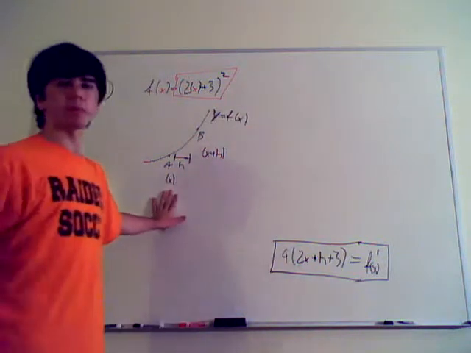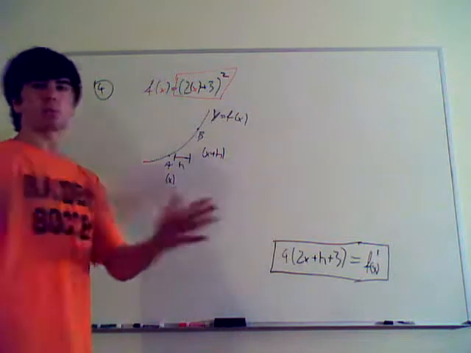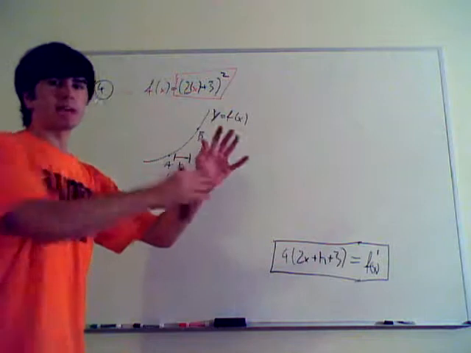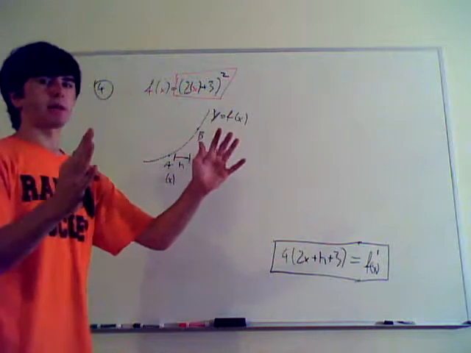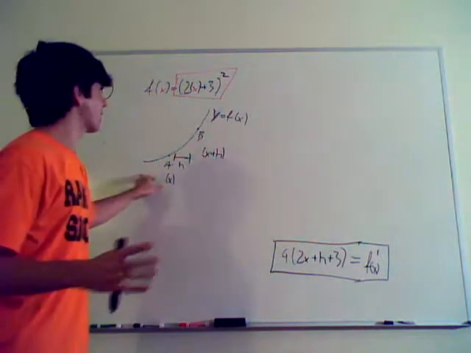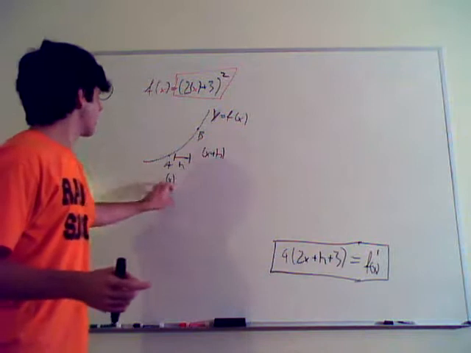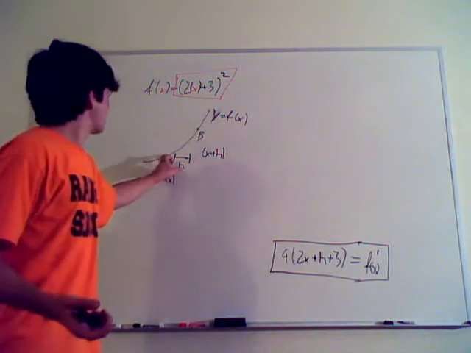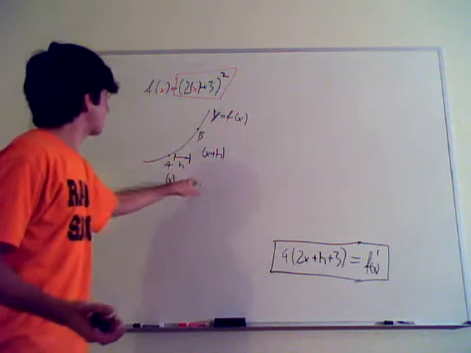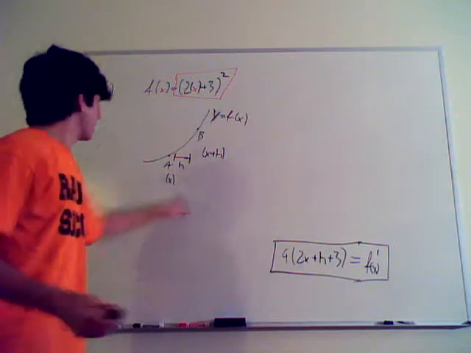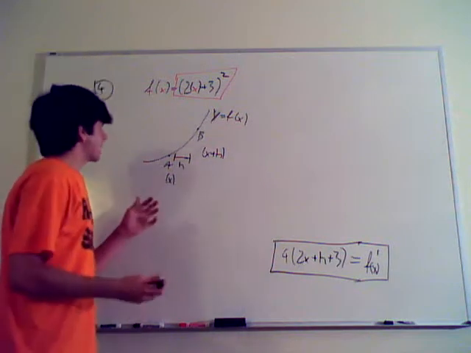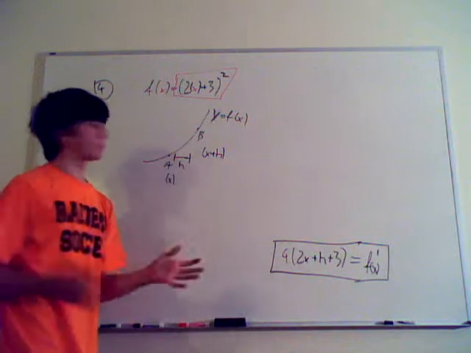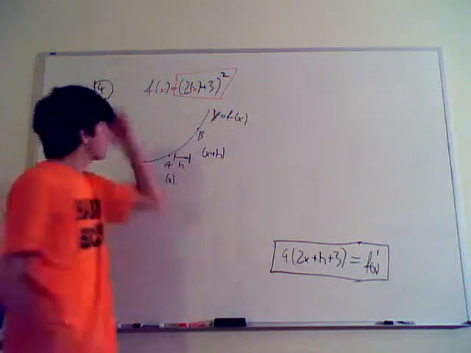If you have a function, y equals f of x, and you plug in x, it's a point on y, right? And now x plus h is just a point a little bit more to the right. Or if h were negative, it would be to the left, but they don't try to confuse you. So it's just x plus another constant, h, right? So this is this and this is this. The difference between them is h. So x and x plus h are h apart, which makes sense.